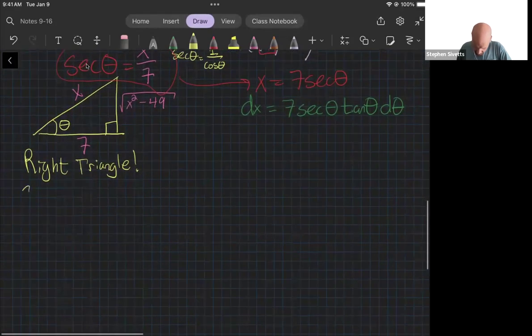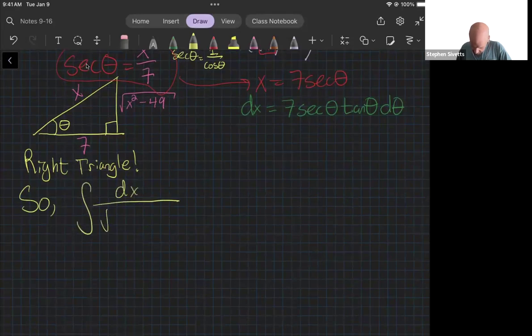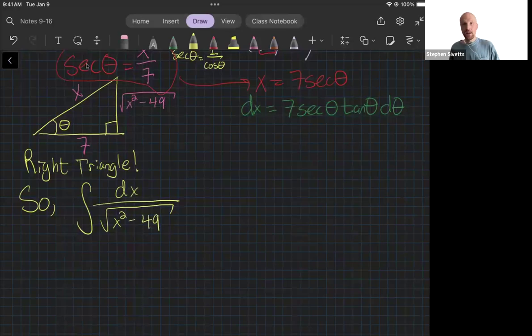So in terms of theta, we had dx divided by the square root of x squared minus 49.